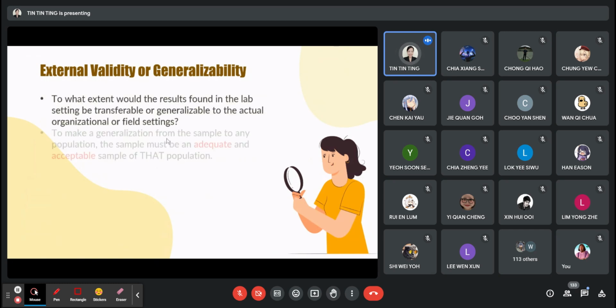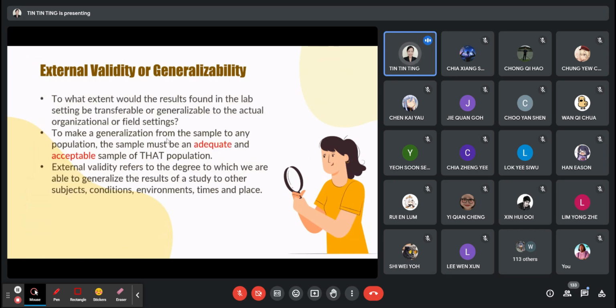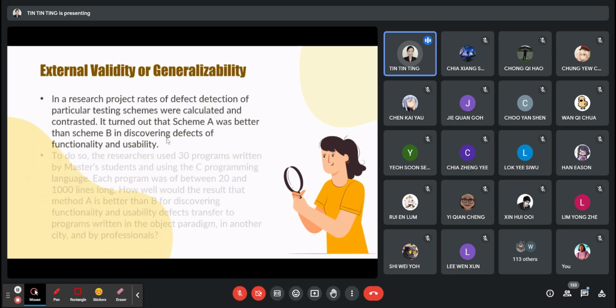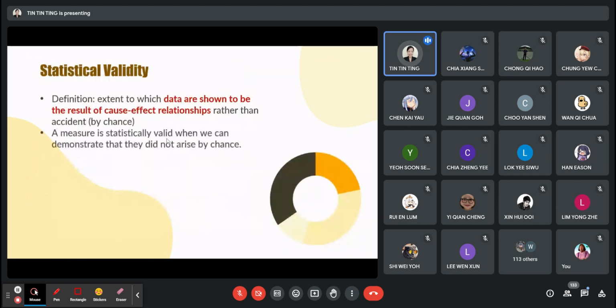External validity, most probably if your sampling is adequate, big enough in size, then it should be all right. And then statistical validity, with good sampling and correct measurement techniques, avoids the result happening by chance.